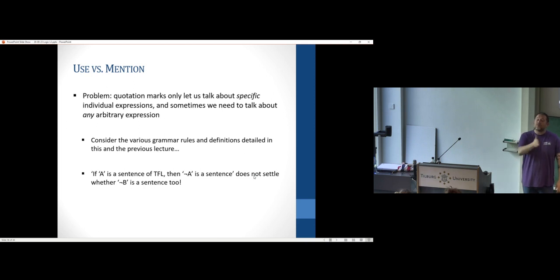You need to be told about each individual word. And that's a real problem if you're trying to state complete grammatical rules, because you want to talk about every possible expression. So we can't use quotation marks if I want to give you the grammar rules for TFL.